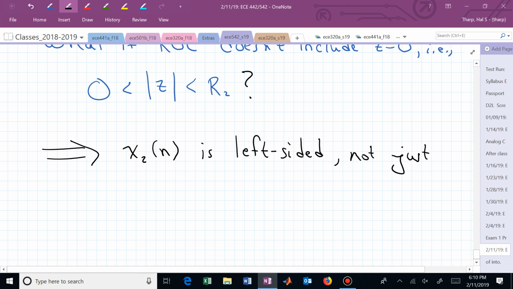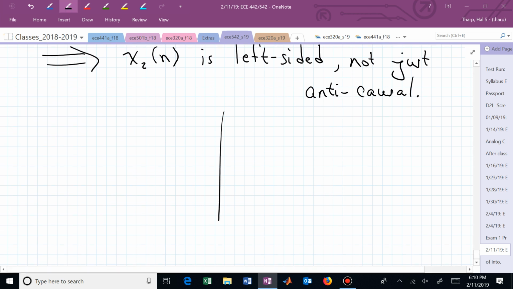Can I change up the wording and say anti-causal instead of non-causal? Same thing. You'll still get the full credit if you say anti-causal or non-causal.